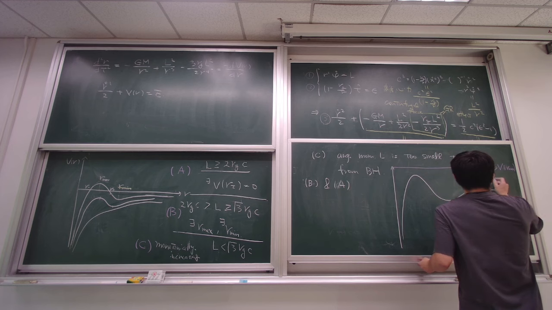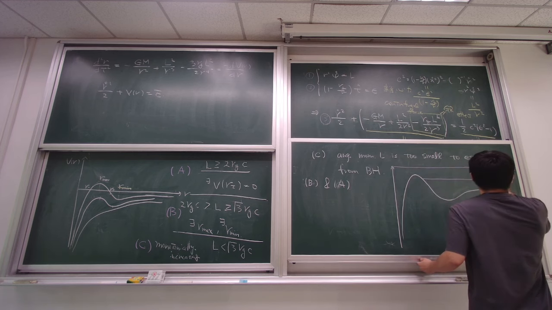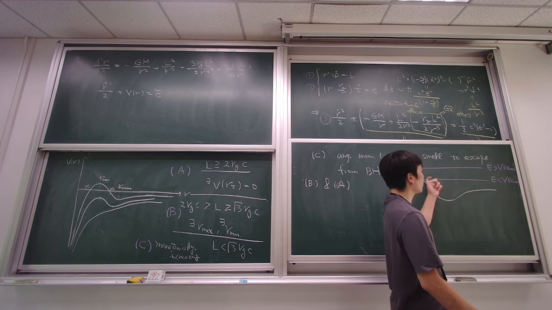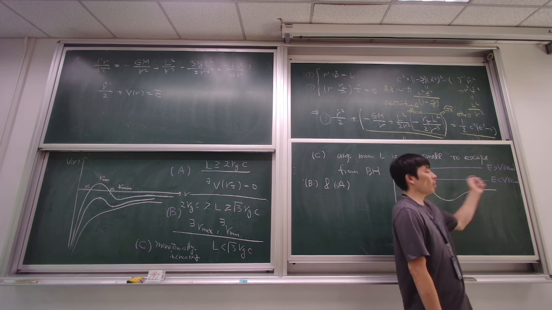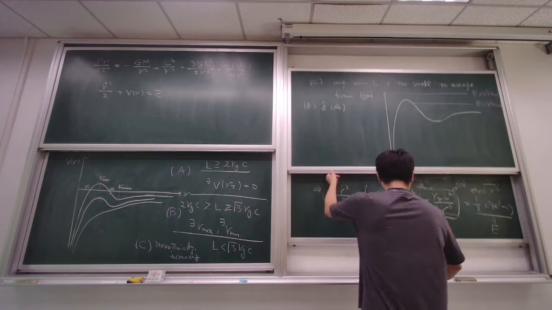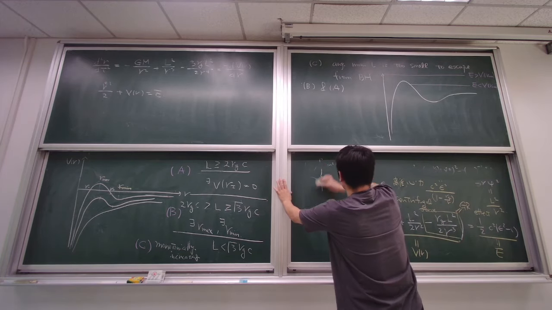However, if the energy is smaller than the B R max, it just hits the potential and goes back. Go back. So this means that I can erase.